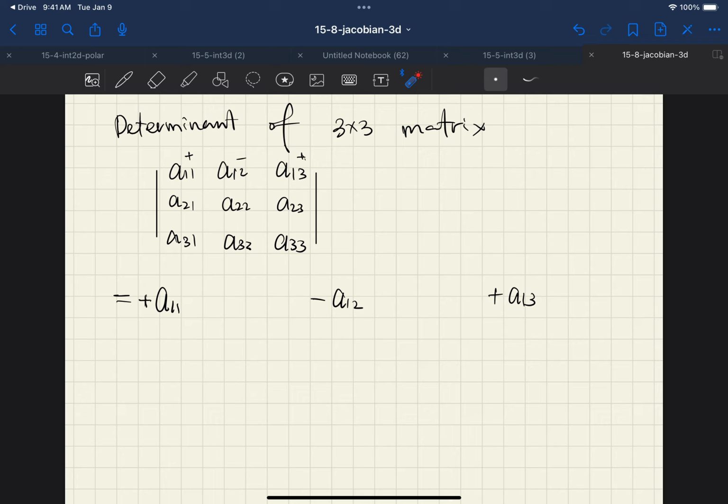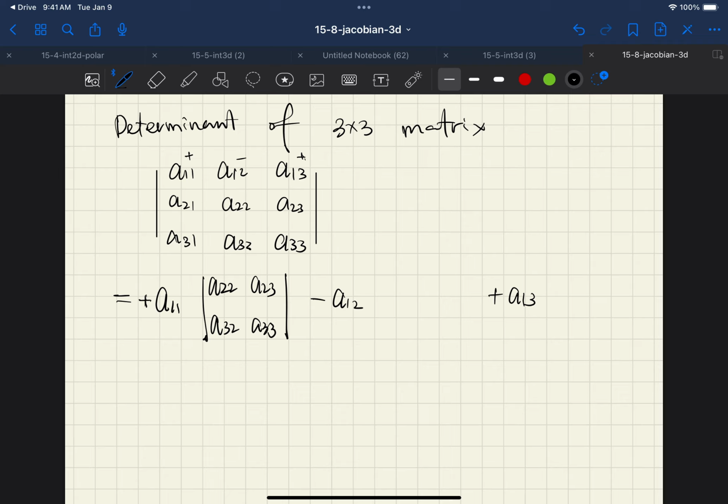What is a minor? The minor of A11 is the remaining smaller matrix, or submatrix, after deleting the row and column where A11 is contained. So the A11 row and A11 column are removed, and you end up with these four numbers, the submatrix: A22, A23, A32, A33.